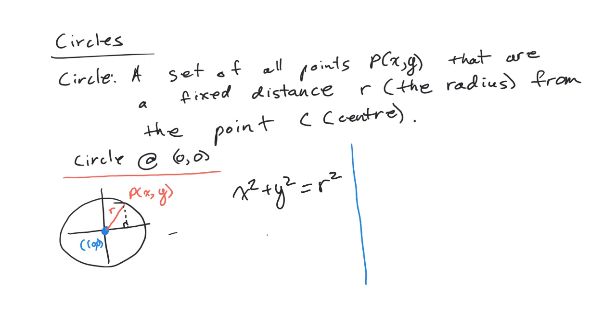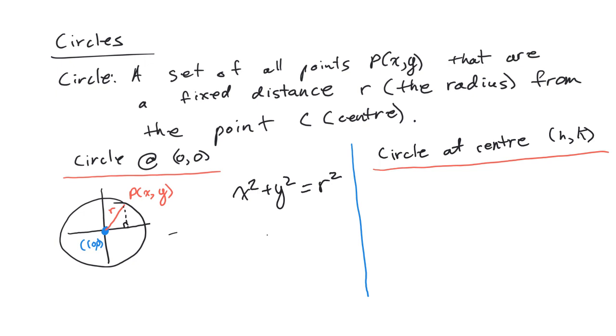So now, what would happen if we had a circle at center H and K? So what that looks like is something like this.